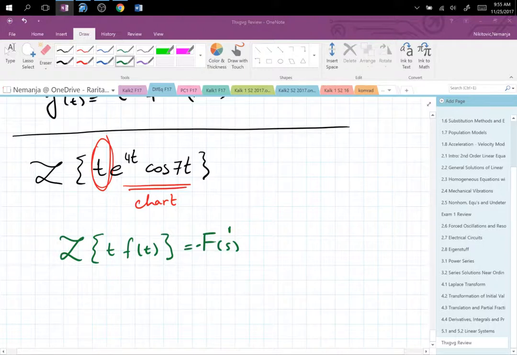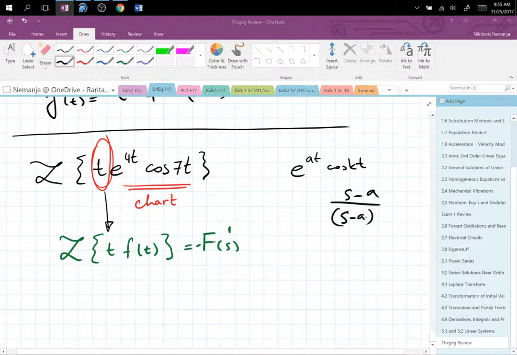So now, by looking at this, this t matches t. So now you can look in your chart and find that e to the at cosine kt is equal to s minus a over s minus a squared plus b squared.